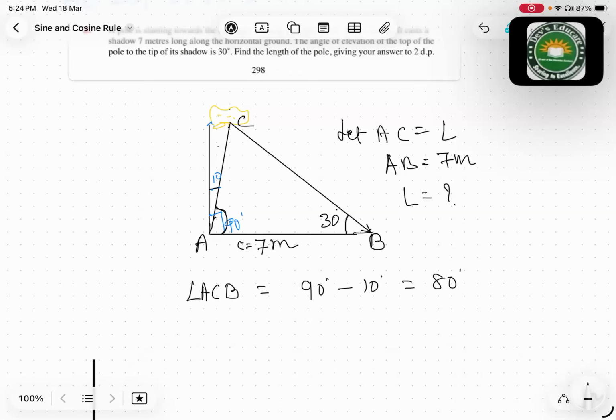That will be 80 degrees. So this angle is 80 degrees. Now, if we take this side BC as a, and AB as c.